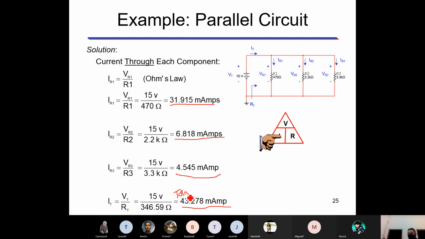So these numbers should add up to this. 31.915 plus 6.818 plus 4.545 should get you to that number.